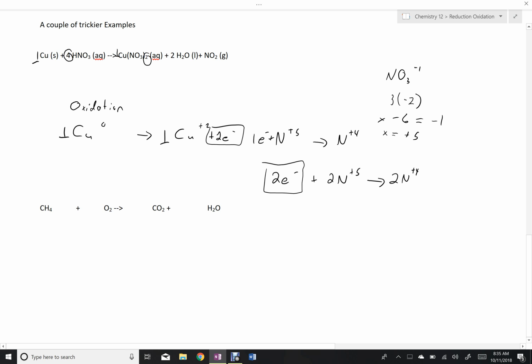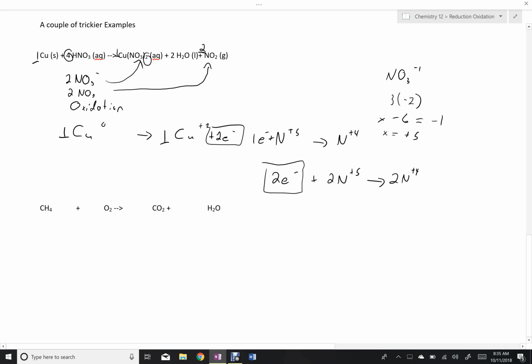Oh, and we have a typo in this chemical reaction, because this should be 2 nitrogen dioxides back here. So what's really happening here is that we've got 2 separate processes. 2 of my nitrates are going to form the 2 nitrates here, and 2 other of my nitrates are involved in the production of the nitrogen dioxide at the end.